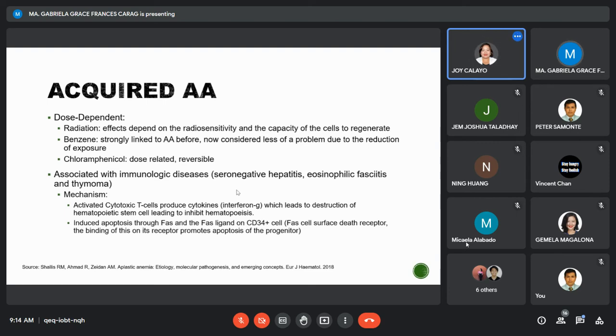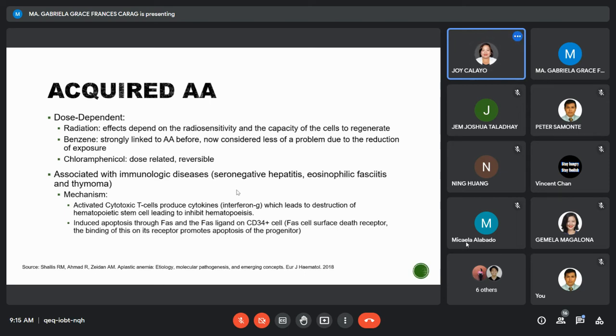If the HSC is destroyed, of course you will have decreased CD4 positivity, right? So we are finding the link with regard to the activated cytotoxic T cells and the cytokine signaling, particularly the interferon gamma.